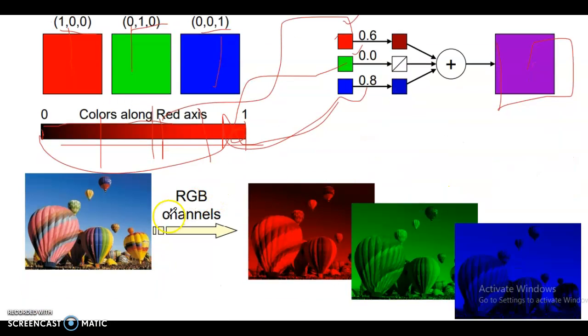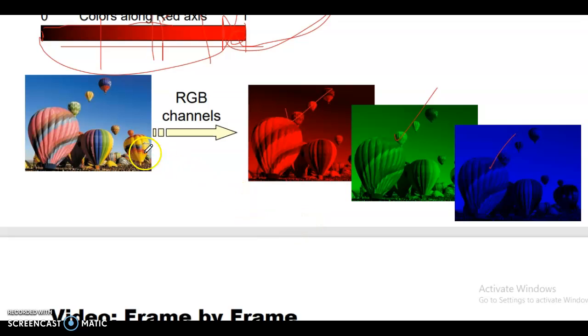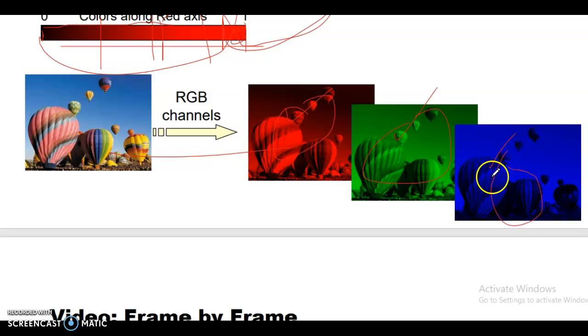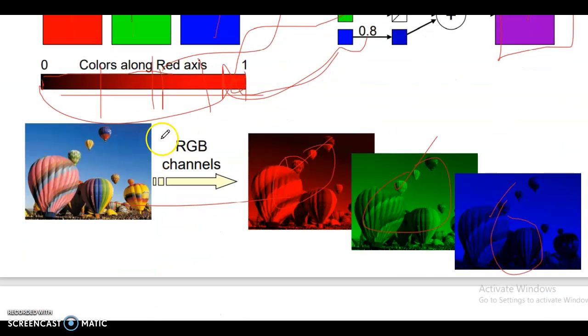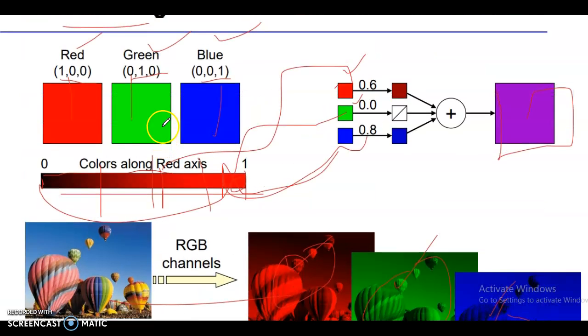RGB channels: red, green, blue, only red, only green, only blue. We can say 4 2 1.